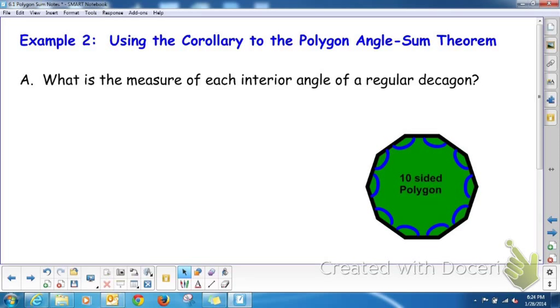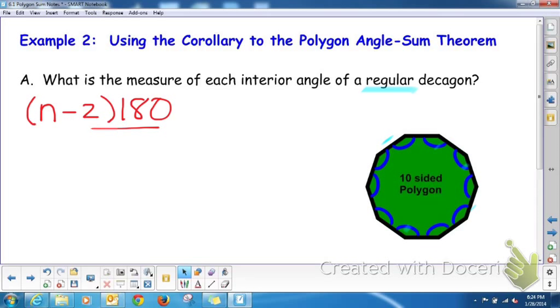So using the corollary to the Polygon Angle Sum theorem, what's the measure of each interior angle of a regular decagon? Because it's regular, we know all of these angles are congruent. A decagon, deca like a decade, means 10. So we'd use our formula. The number of sides minus 2 times 180 will give us the total sum of all the angles inside this decagon.